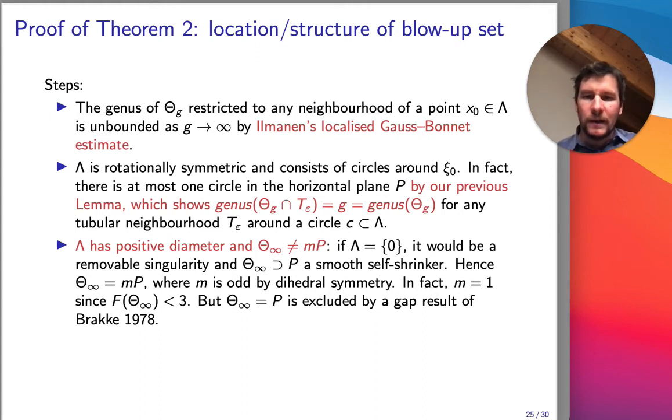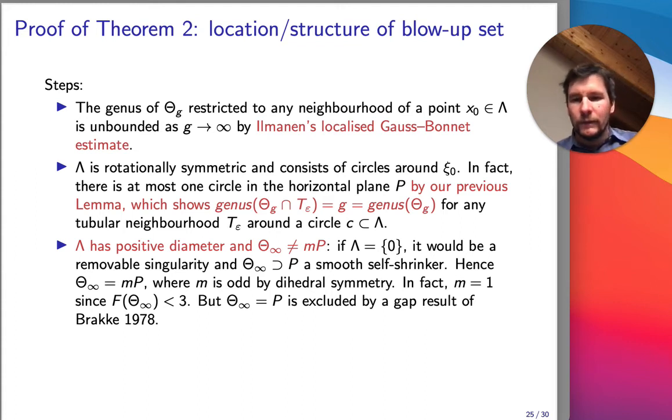But then the problem is that we know our Gaussian area is less than 3, and therefore we cannot get the plane with multiplicity 3. And again, dihedral symmetry says that the multiplicity must be odd. So any positive odd number less than 3 must be 1. But that would mean our limit is again simply the plane, which we have already discussed, so we can't have a plane.